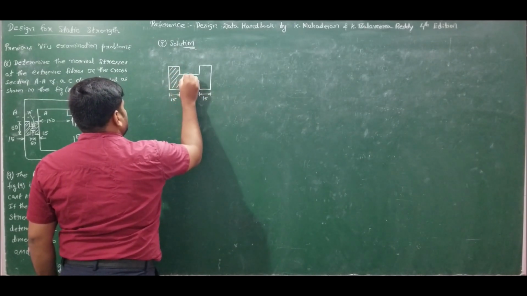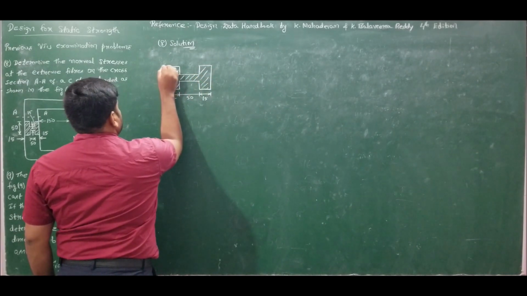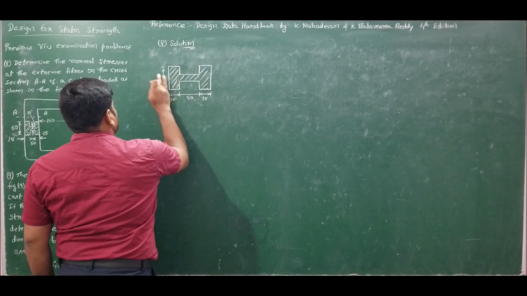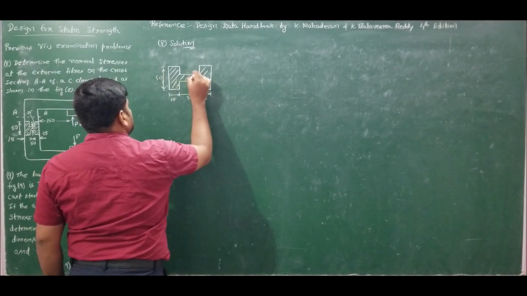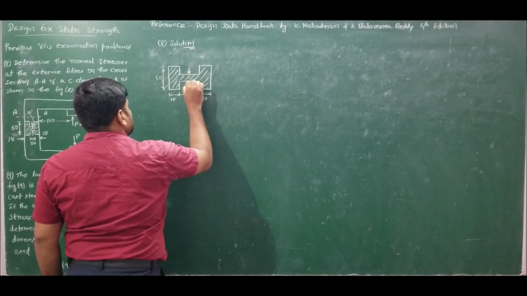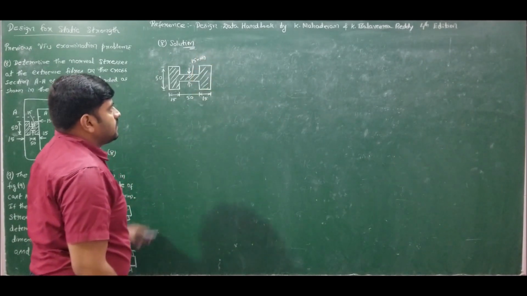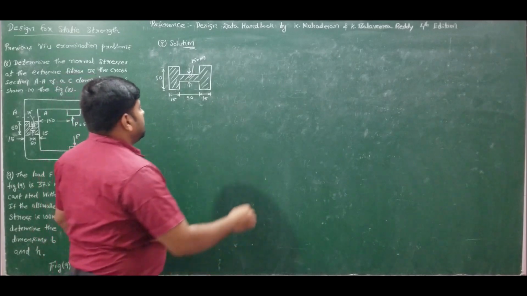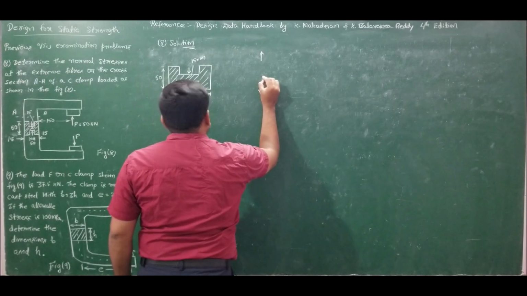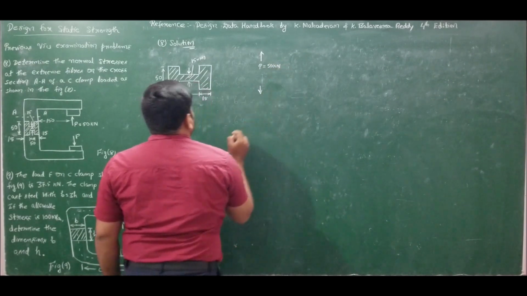So this is the section AA, and this dimension is also equal to 15. Sorry, it is 50 millimeters, and this dimension is 15 mm. This dimension is also equal to 15 millimeters. So this is the section AA given to us, and it is loaded eccentrically by load P, which is equal to 50 kilonewtons.